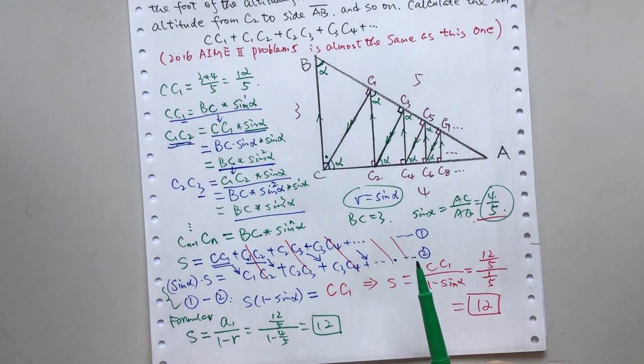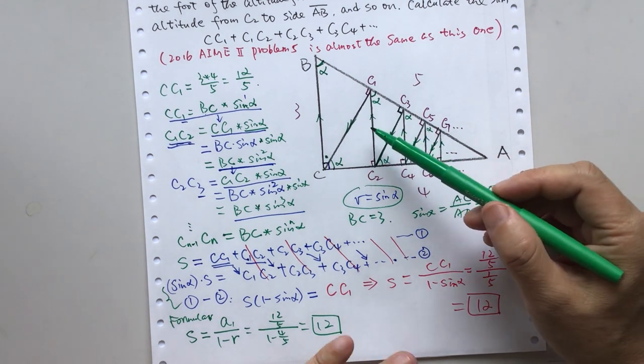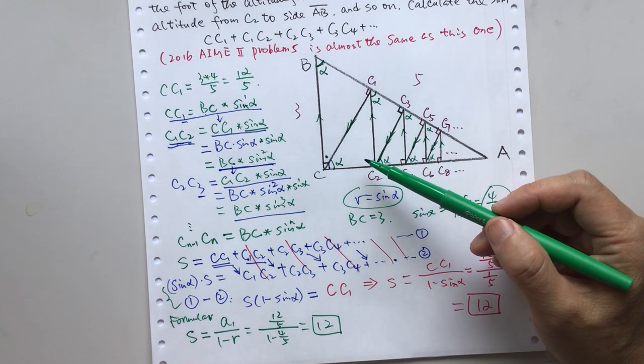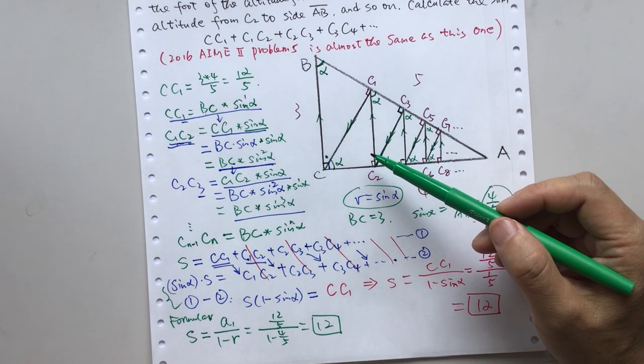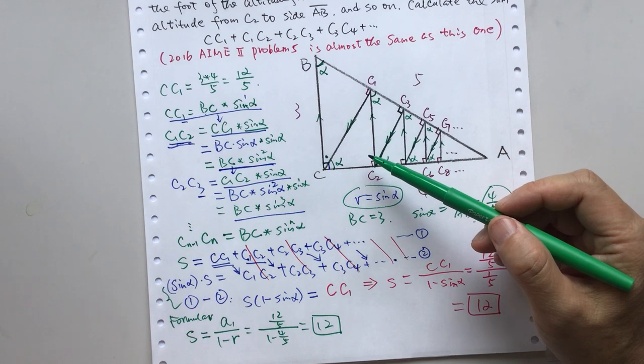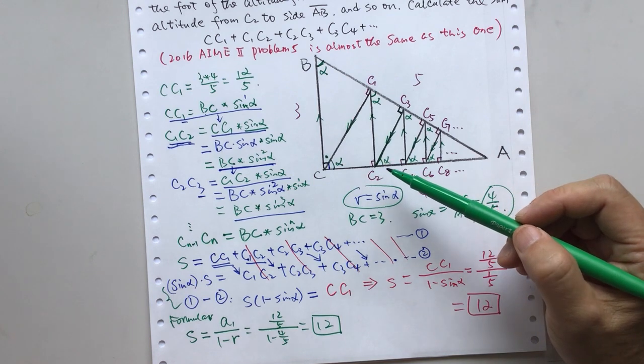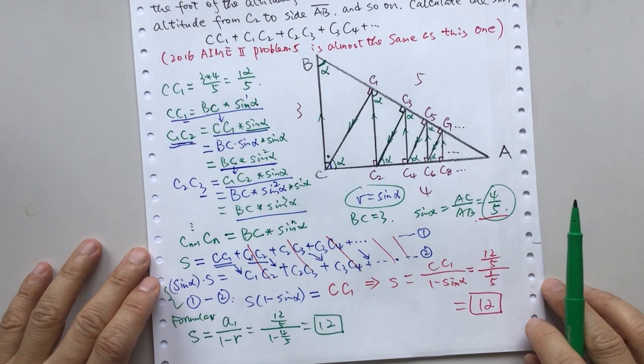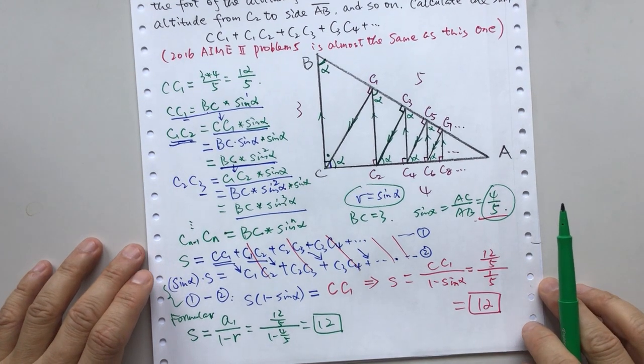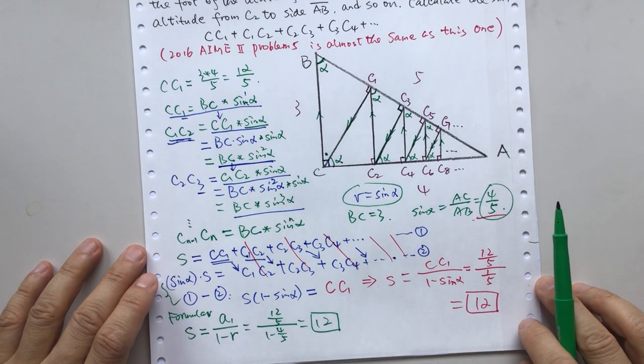The most important thing is to find the pattern, just like this way. Sometimes it's for the sum of segments, sometimes the infinite sequence of the area, maybe sometimes the infinite sequence of the sum of the angles. All of these problems have almost the same idea, right?